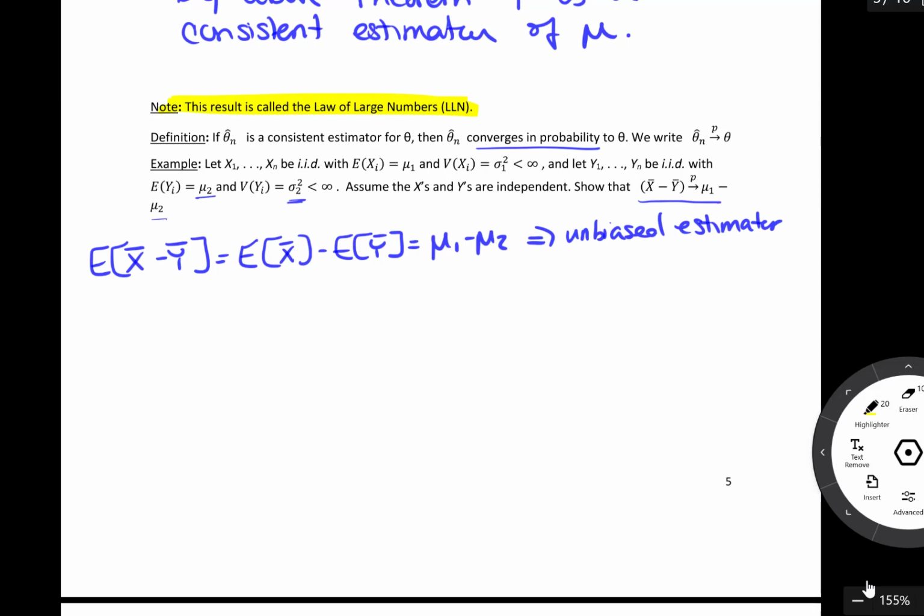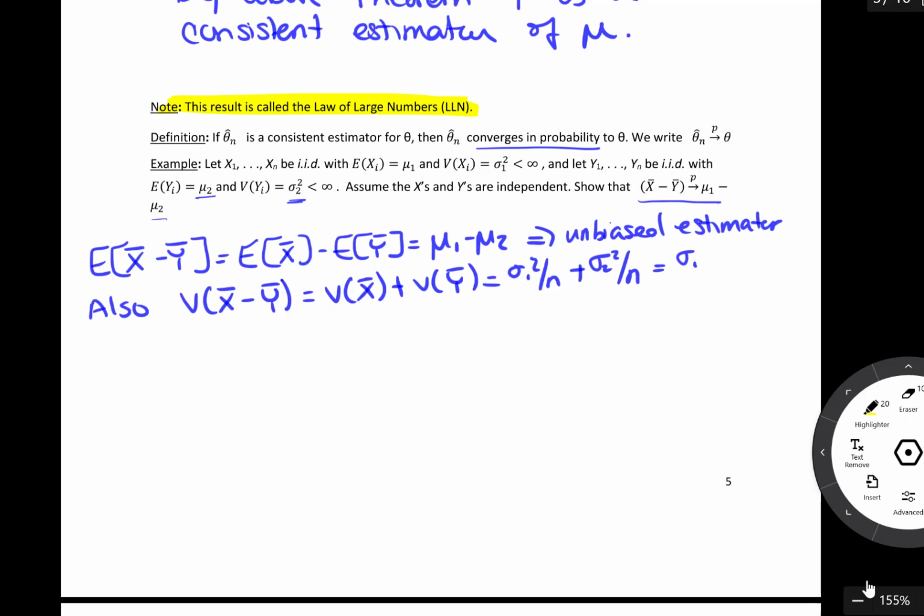Okay, next we need to look at the variance. So we have the variance of x bar minus y bar. Well, that is equal to the variance of x bar plus the variance of y bar, which is equal to sigma 1 squared over n plus sigma 2 squared over n, which is sigma 1 squared plus sigma 2 squared, all over n.